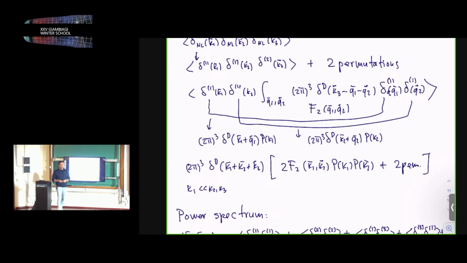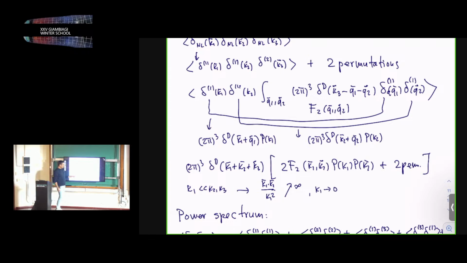If you look at this momentum configuration, you will see, for example, that among these permutations, there are F2 kernels which are going to appear to go like 1 over k1 because of this particular term that we discussed in the previous slide. Let me just finish this. So it would seem that there are terms like k1 dot k2 over k1 squared, for example, which seem to be going to infinity when k1 goes to 0.